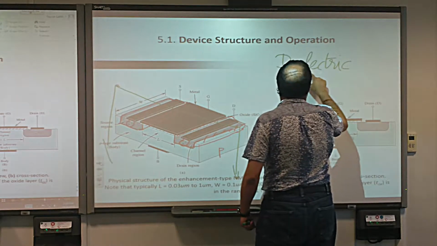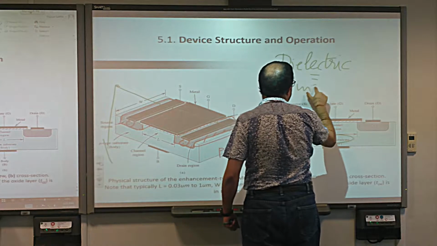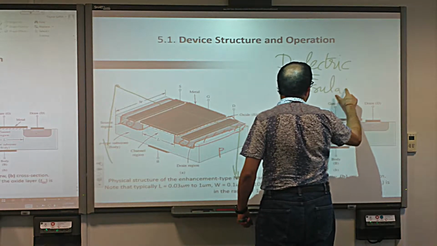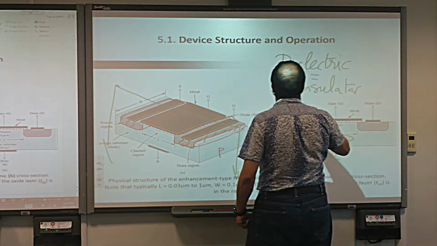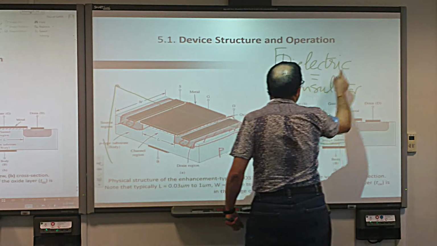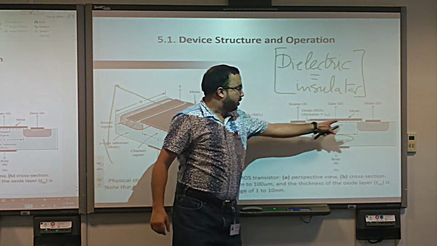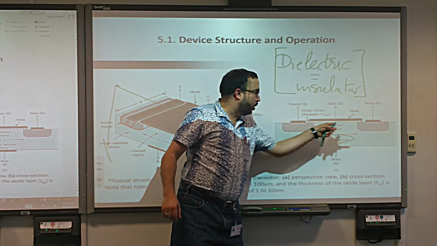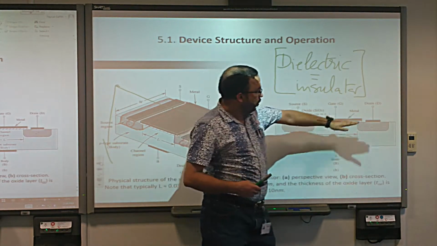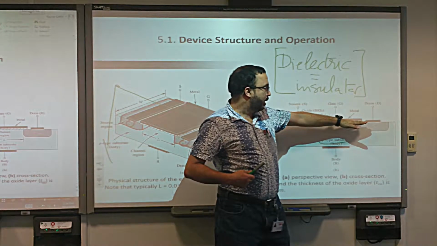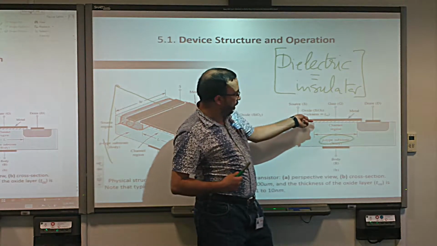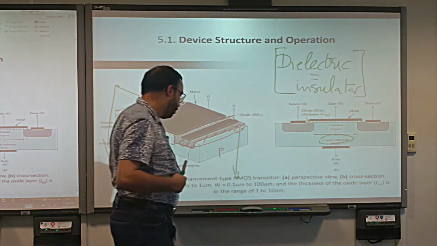Dielectric means insulator. It's another name for insulator used mainly in physics, but also electrical engineering. So this insulator on top of this area that we call the channel region, we put that insulator or dielectric, very, very thin, in the range of nanometers.